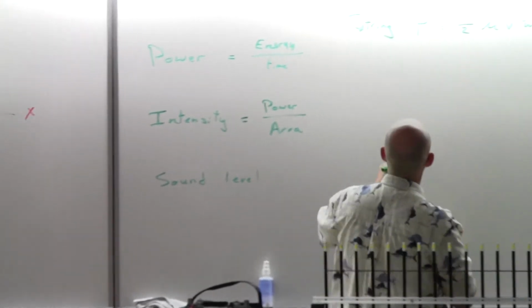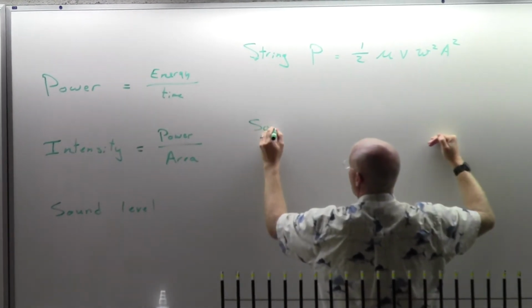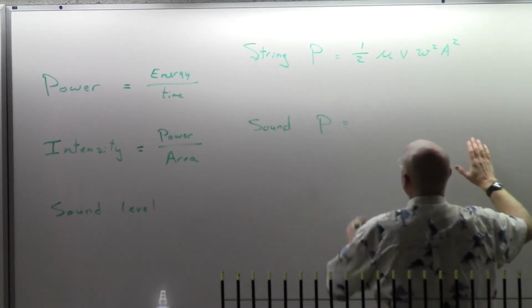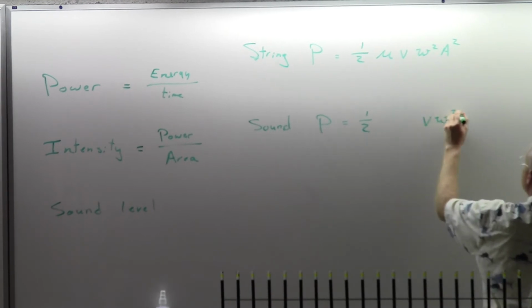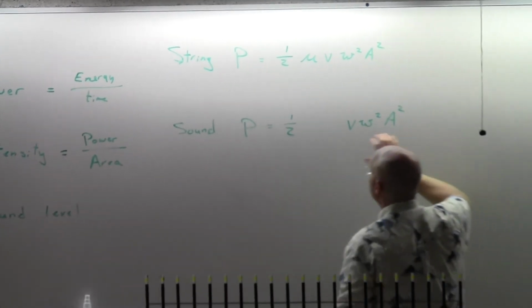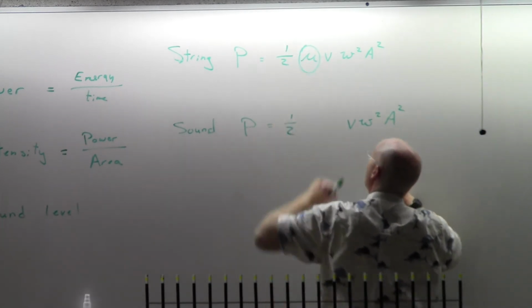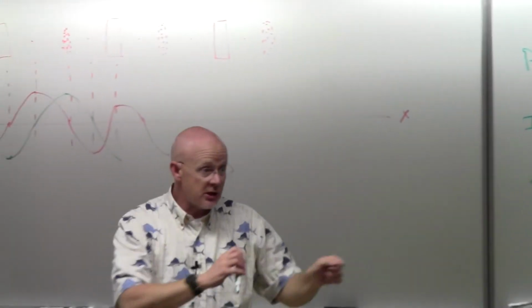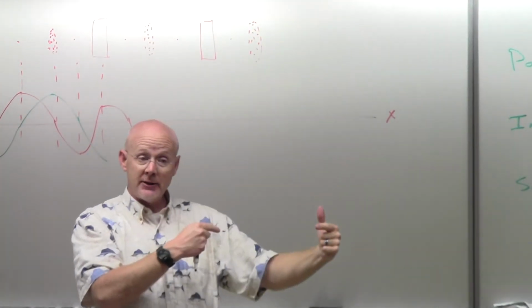And so watch what happens if I take this equation and I now extend it to sound. I might start with power and the same equation that was derived for you for the power, but focus a little bit more on that term. Again, looking at a string, that was the mass per length.